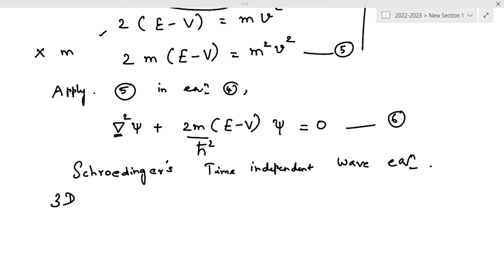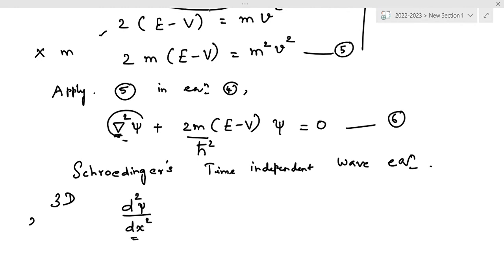Now if the expression of Schrodinger's time independent wave equation in one-dimensional form is to be derived, then the three-dimensional operator should be replaced with d square psi by dx square, any one dimension.